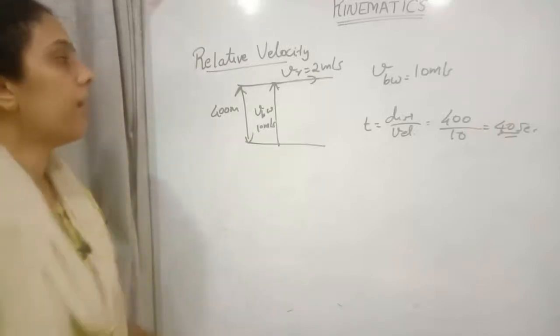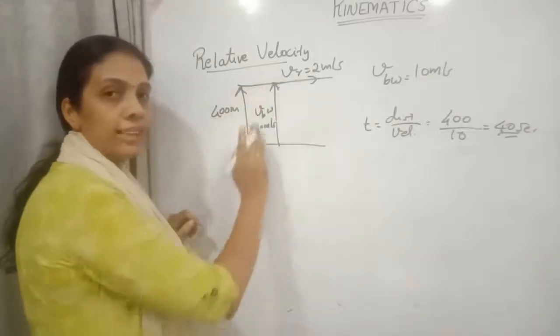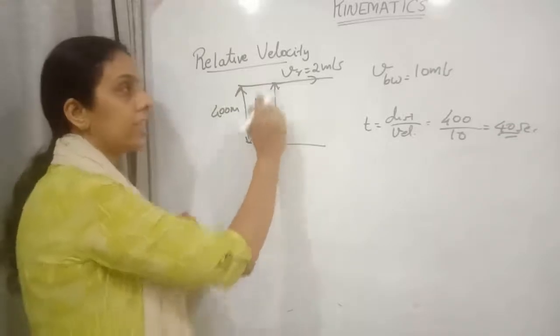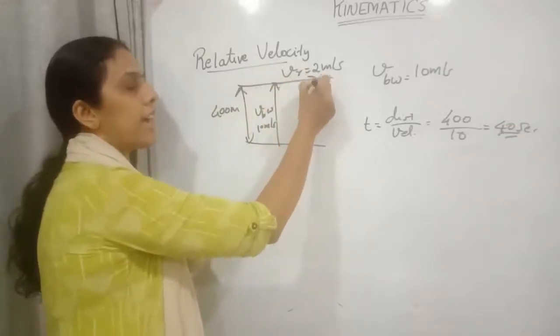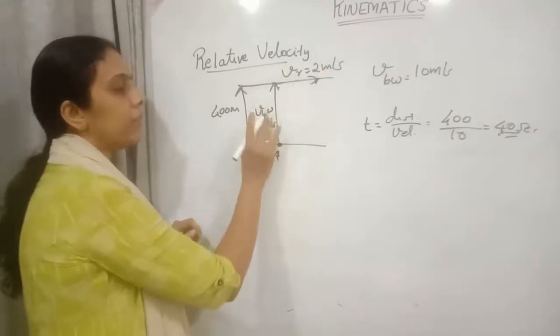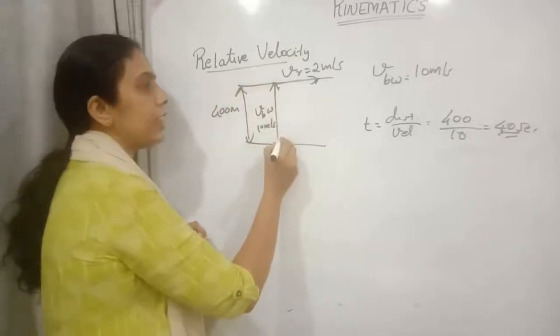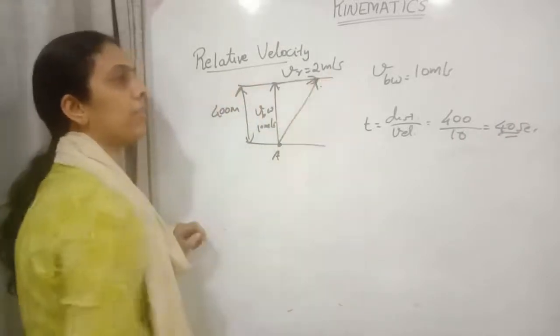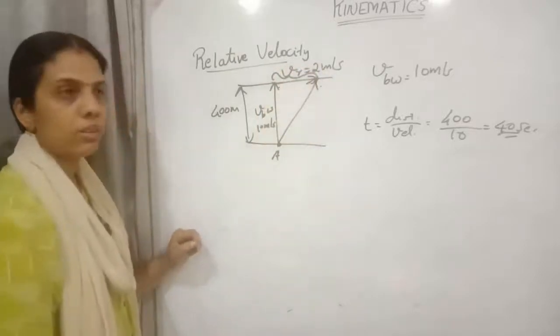So if it's not moving exactly in the opposite direction, how far will it reach from the starting point? This is the starting point. If we are not moving straight, we are taking an angle theta, what will happen? It will be moving in this direction, right? We need to find out this distance. How can we find out this distance?